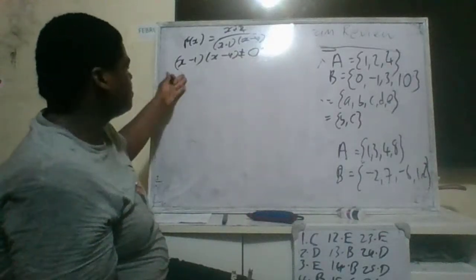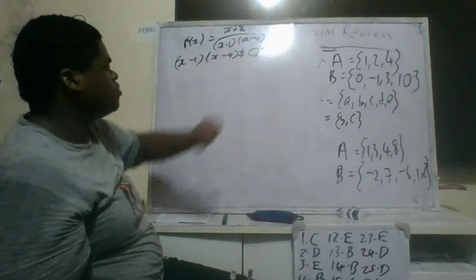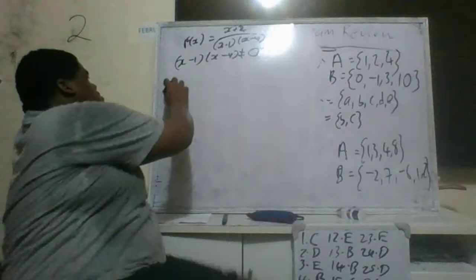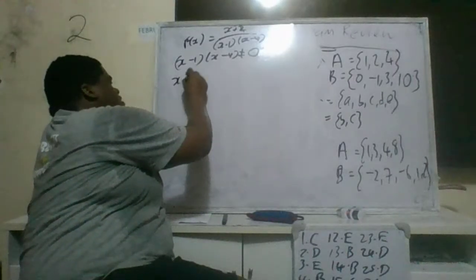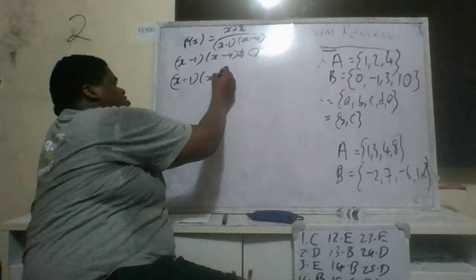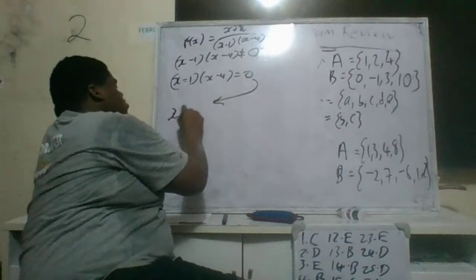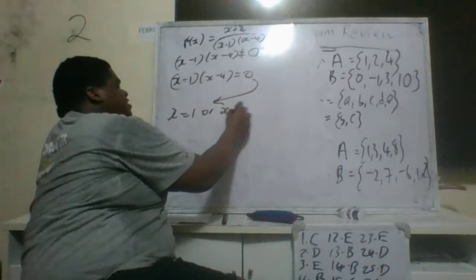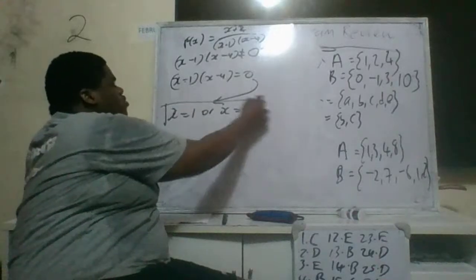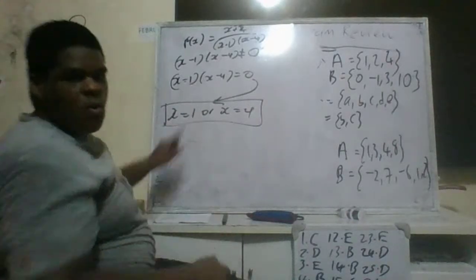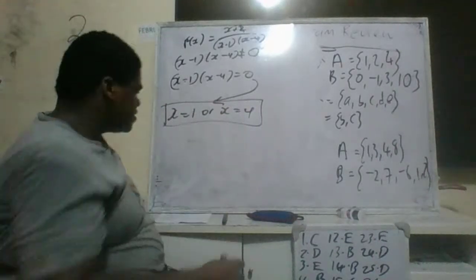This is only when x is equal to 1 or when x is equal to 4. That means we want all the numbers except for 1 and 4.